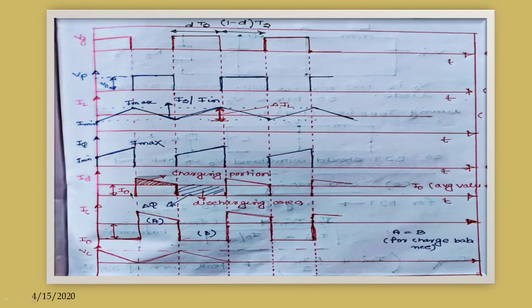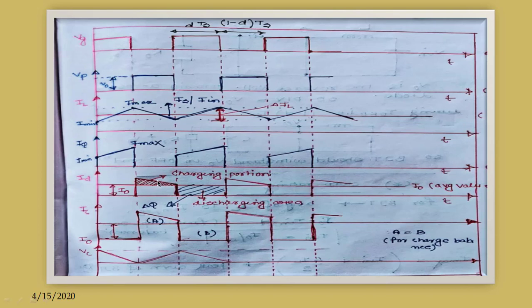Again I have mentioned that diode current is a combination of these two currents, right? One is the DC current which is flowing through the resistor, one is the capacitor current. So if we think minutely, this ID is basically a combination of I naught and IC.